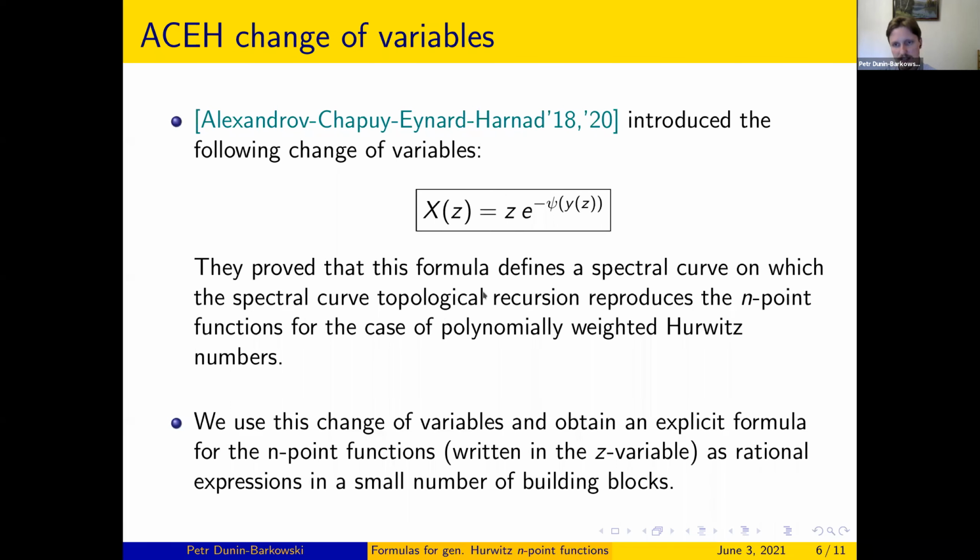So we use this change of variables, and then we obtain an explicit formula for n-point functions, written as functions in z variables, and it's an explicit formula. It'll be a rational expression in terms of a small number of building blocks. In a moment, I will explain how this looks.